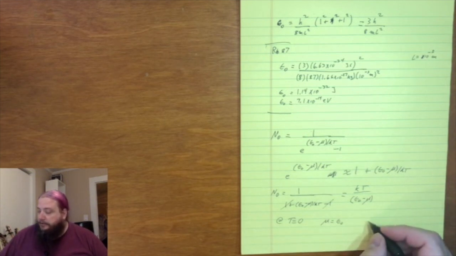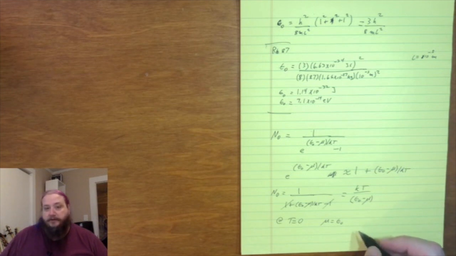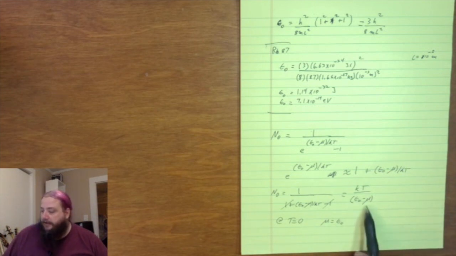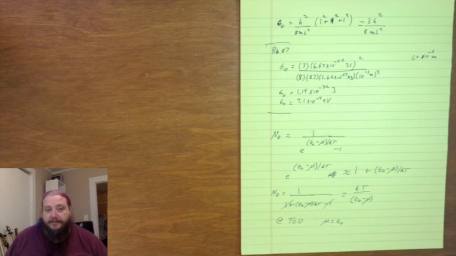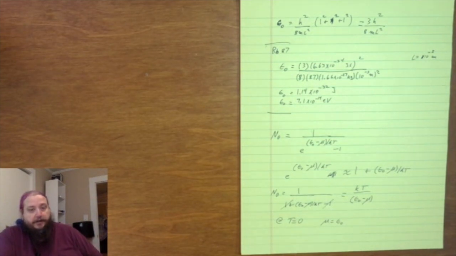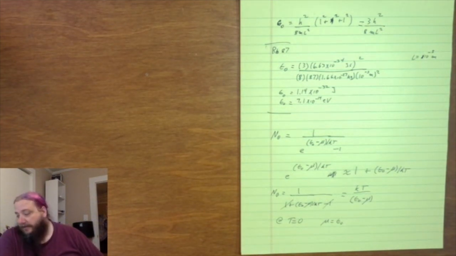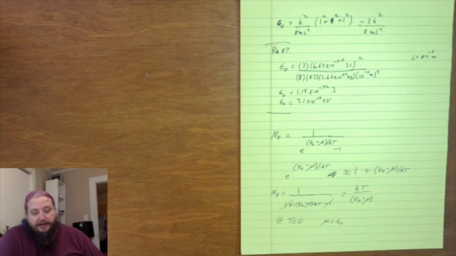And just above temperature equals 0, this must be just slightly less than the ground state energy, so that we get appreciable numbers of particles in that ground state energy.